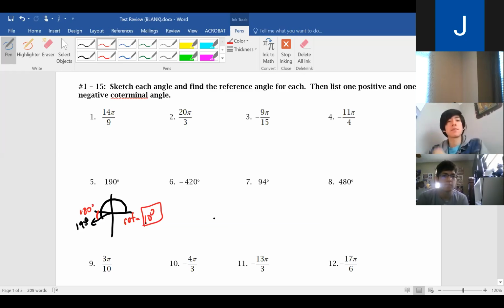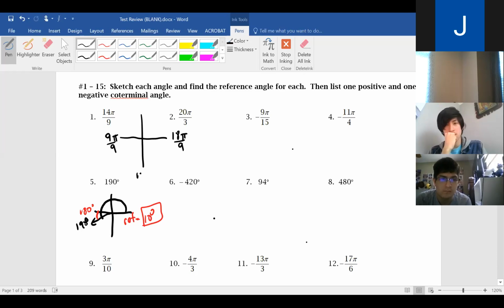If it's something in terms of pi, we take like number 1. To me, this is 9 pi over 9, and this is 18 pi over 9, right? For this example, because it's out of 9, that's pi, that's 2 pi, which means this would be 13 and a half pi, halfway between those two.